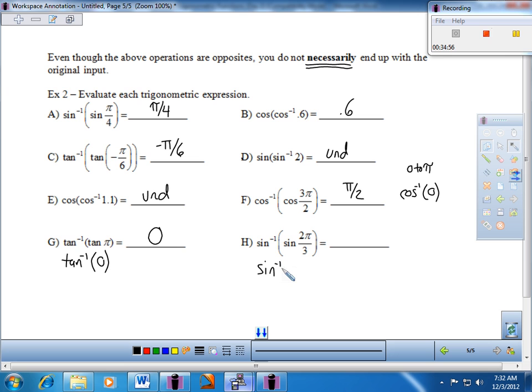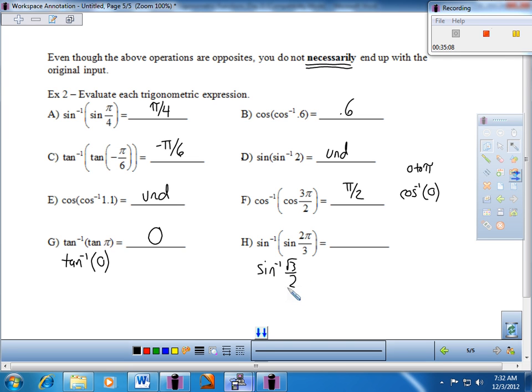So I would work from the inside out until you get really good at this. Basically, I would ask myself, what is the sine of 2 pi over 3? And I know this from the unit circle and other developments over the course of this curriculum. I know that it's root 3 over 2. Okay, so now I apply this piece. Well, what is the inverse sine of root 3 over 2?